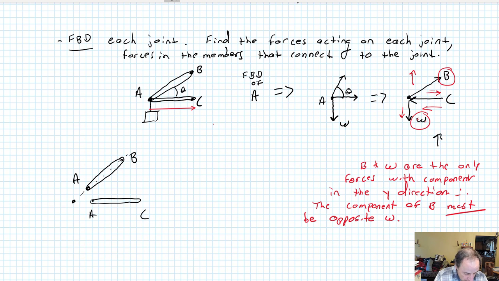A and C. All right, so we know that at point A, the forces are like this, and like this, right? So in the member, they must be opposite. Right, so that means this member has got to be in tension.